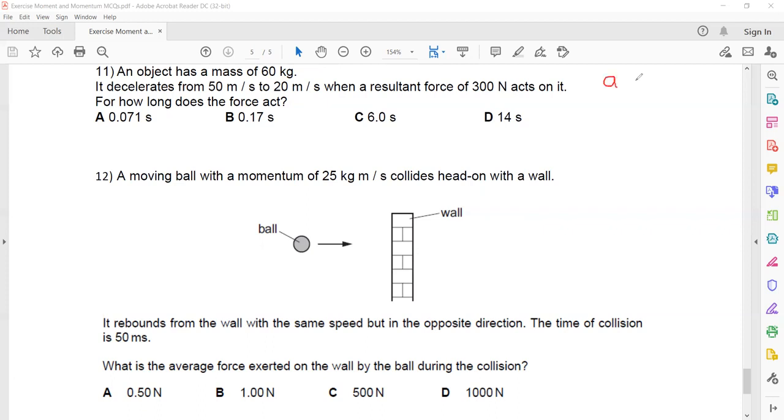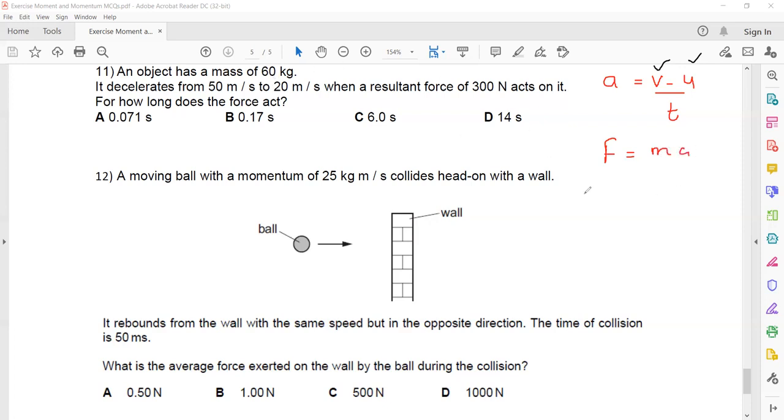So we can use the formula for acceleration, which is final minus initial divided by time. So using this, we have the final velocity, we have the initial velocity, but we need time, and we don't know acceleration. So first we have to find the acceleration by using the formula F equals ma.